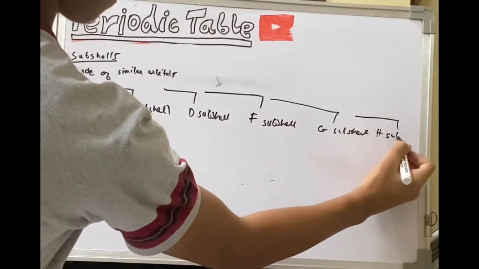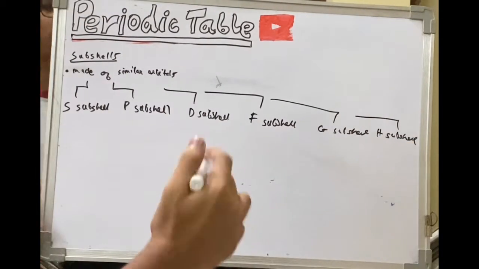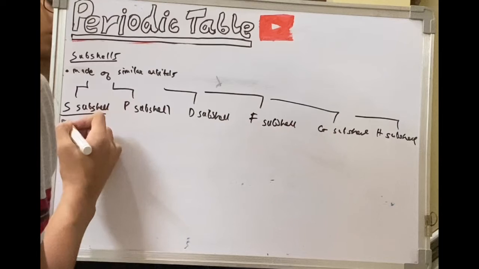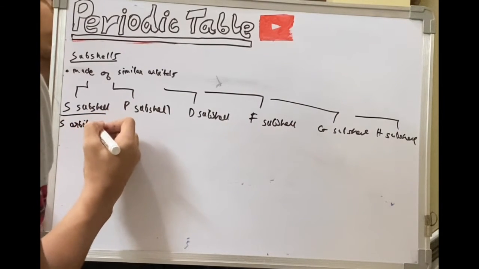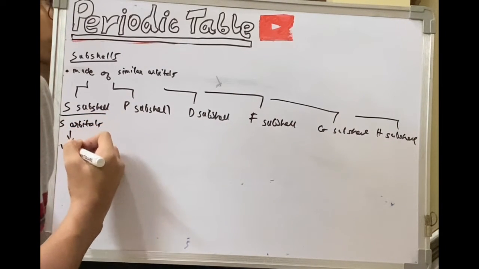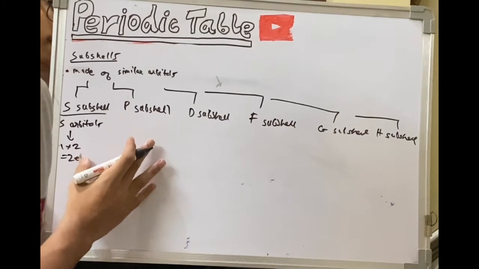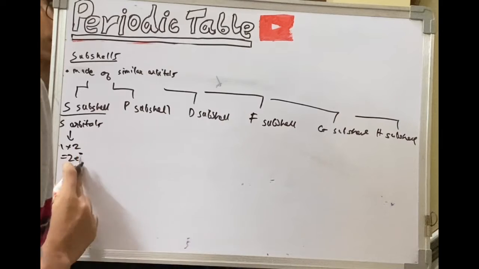Now we'll see which subshell can hold how many electrons. Okay, so the S subshell will only have S orbitals, which only come in one type, so it will be 1 into 2 electrons, right?